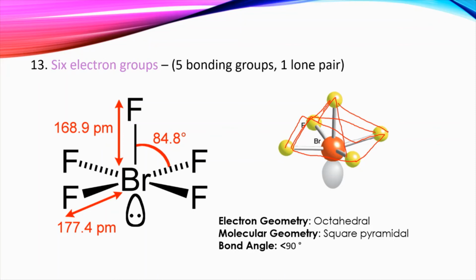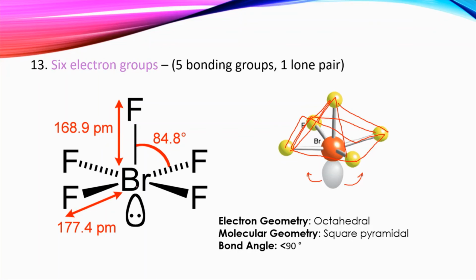Okay, so the reason that the bond angles are less than 90 degrees is because this lone pair squashes those bonds forward, so you lose that 90-degree perfect bond angle, but it's still considered to be square pyramidal, even though those bond angles are not 90 degrees.